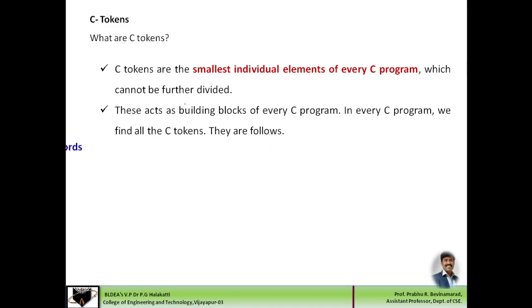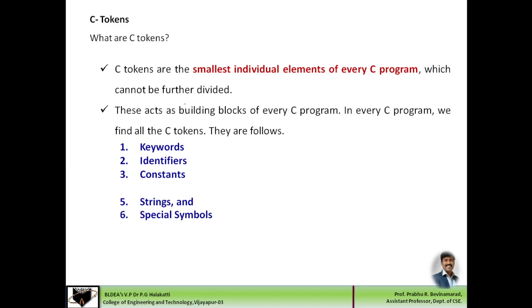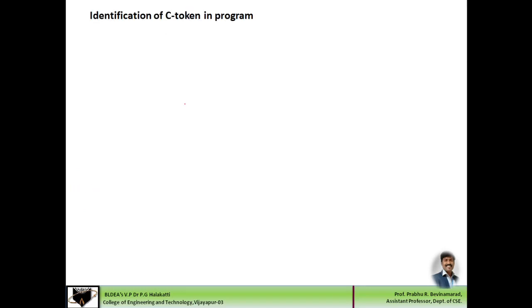They are keywords, identifiers, constants, strings, special symbols, and operators. Let us look at these different types of C tokens with examples.